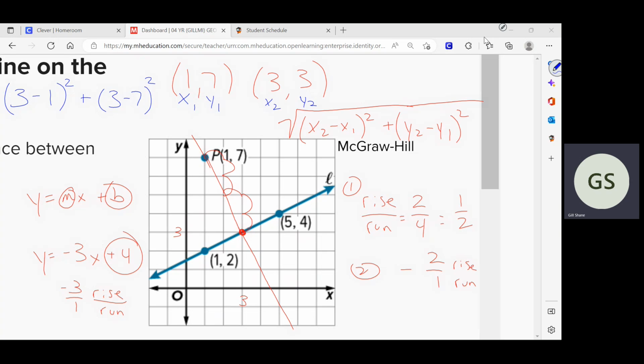So 3 subtract 1 is 2 squared plus -4 squared. I'm going to wind up taking the square root. So this would be 4 plus 16, which is all in your book, I think. So the answer is the square root of 20. So it comes out to be probably like 4 point, almost 4.5, maybe something like that.